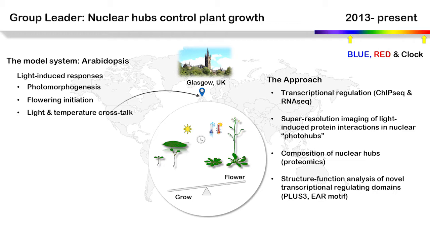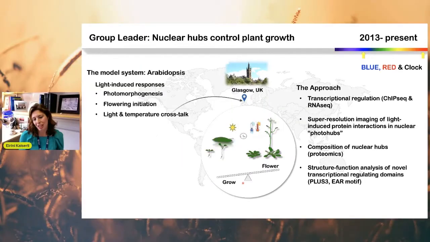Ultimately, we want to understand how specific proteins can redirect the balance between growing and adapting, in this case growing or flowering, for example. We use different approaches: molecular biology, so next generation sequencing, cell biology, so imaging, and also physiology and genetics.